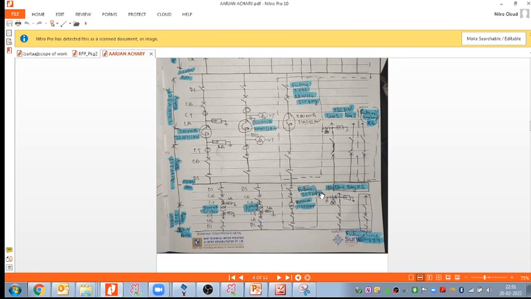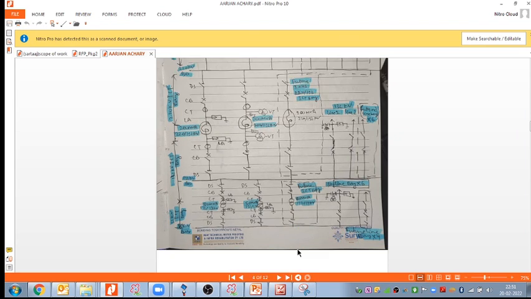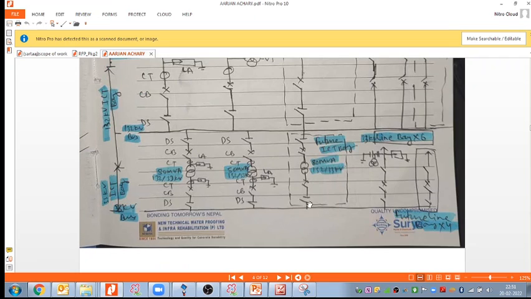And then where is the 33 kV bus? Where is your 132 by 33 kV, this one, okay, right. It is going to the 33 kV bus. Yeah, here, the last one.